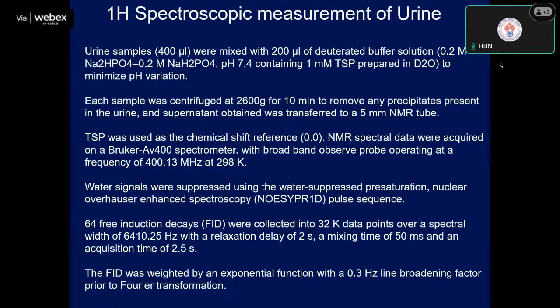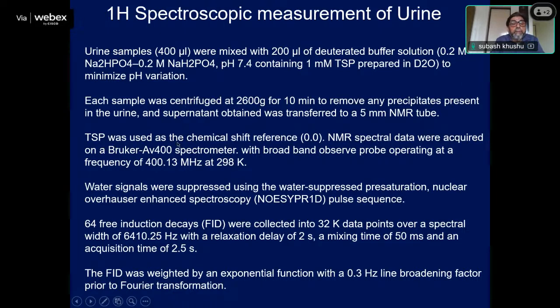Okay. So I think this is how you prepare the sample for urine. If you have a urine sample, you mix with 200 microliter of deuterated sodium phosphate buffer solution. This is what I told you about making the pH constant, and then TSP as an internal reference. Then you centrifuge the sample at 2600 g for 10 minutes to remove any precipitates present in the urine.